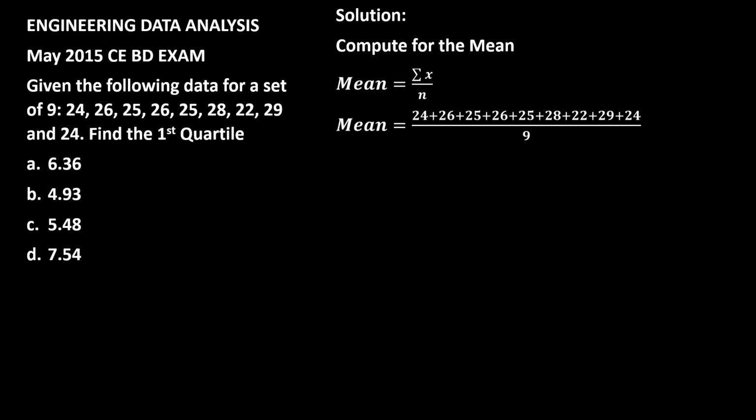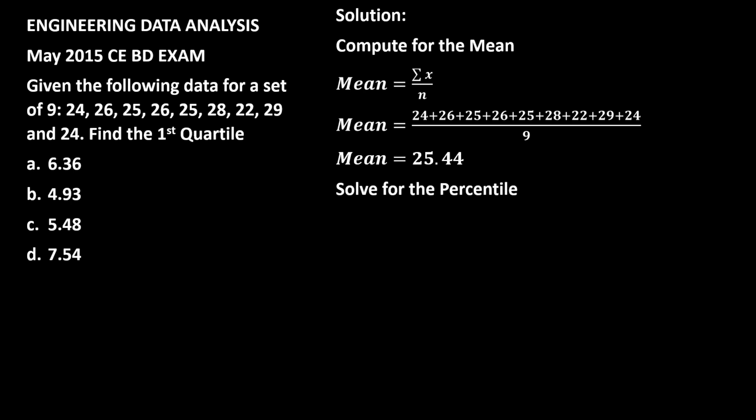And calculating for the mean value, we have 24 plus 26 plus 25 plus 26 plus 25 plus 28 plus 22 plus 29 plus 24 all over 9. What is then the value of our mean? The value of our mean is 25.44.